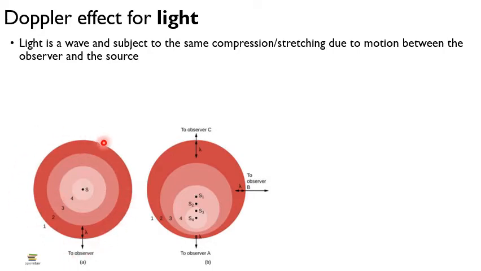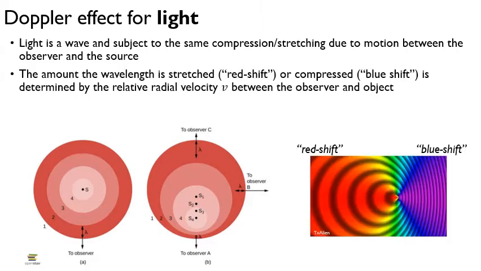If instead our source is moving towards the bottom of the page, then for the observer at the bottom, the wavelength is compressed, so there's a shorter wavelength. For the observer in the opposite direction, there's more distance between the wavefronts. The wavelength is increased, so this is a stretched piece of light. And if you're perpendicular to the light source, there's no change whatsoever.